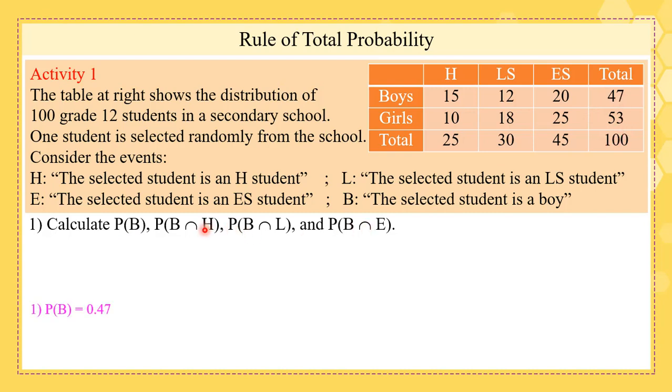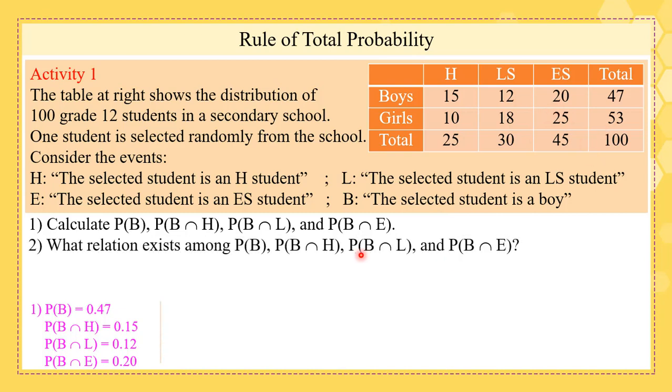Now, P of B intersection H, which is the probability of selecting a boy and a student in the humanities section. So it will be this number, which is 15 over the total, which is 100. And then P of B intersection L, it will be 12 over 100. And similarly for B intersection E, which is 20 over 100.